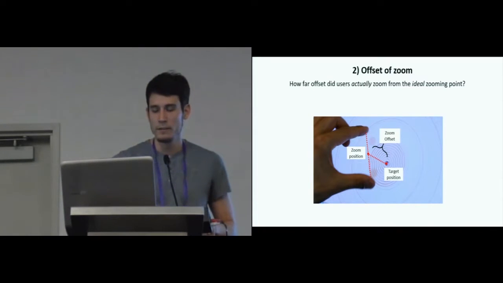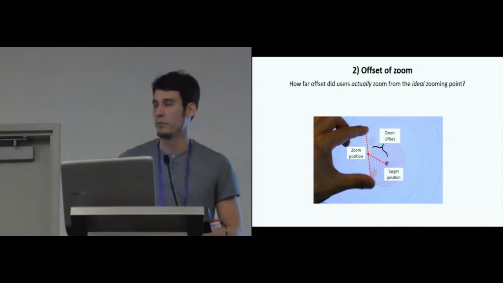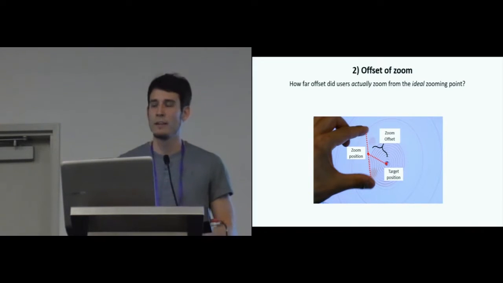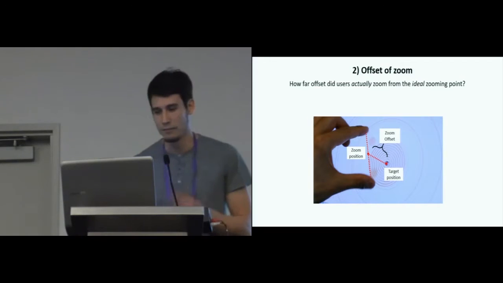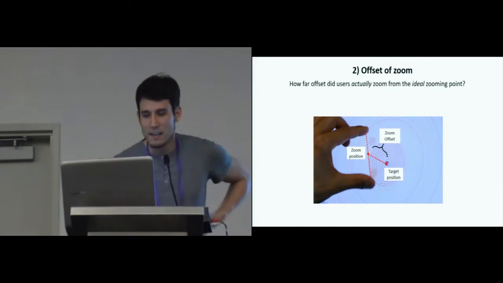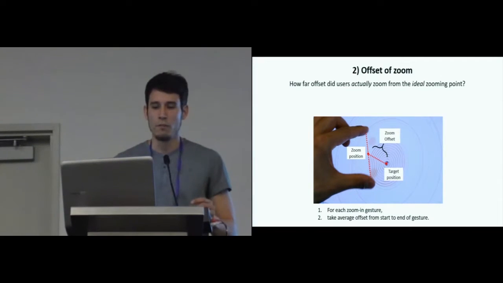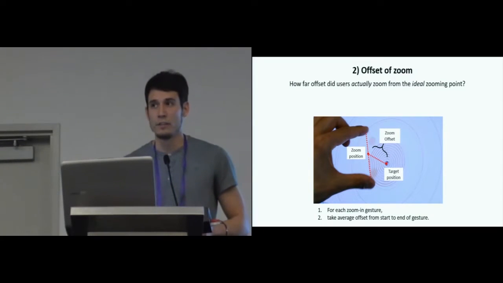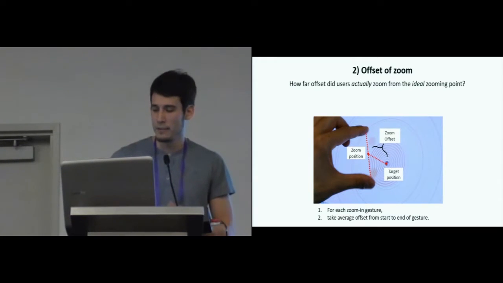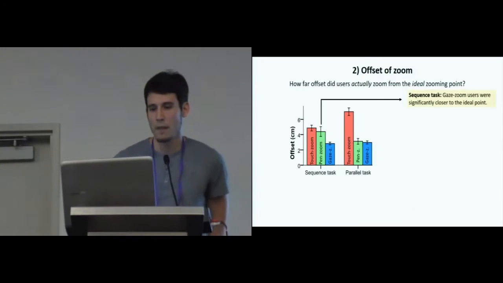And here it is a little bit offset to the actual target position, and we analyzed this offset in our analysis of the study. And what we did is we looked at each zoom in gesture, and we took the average offset value from all the values from start to the end of the gesture. And this led to the following results.